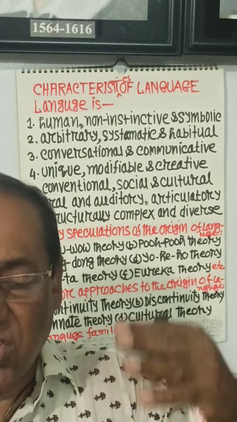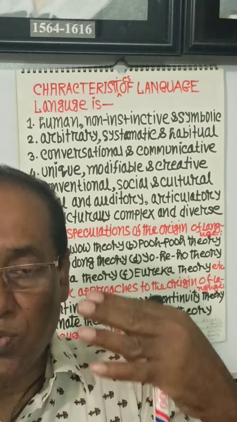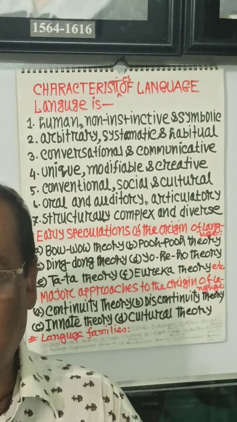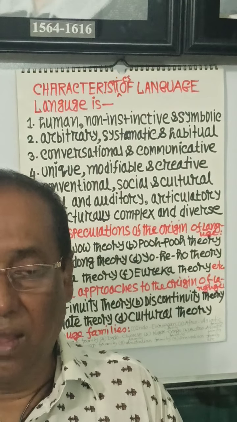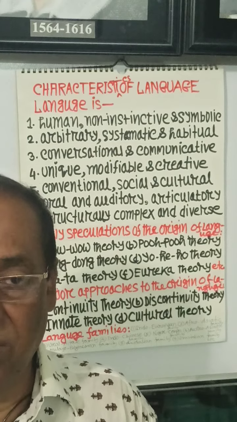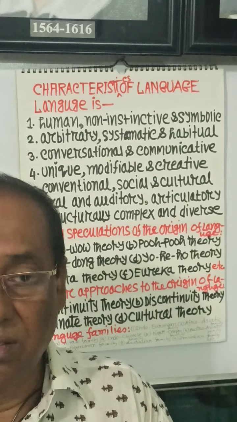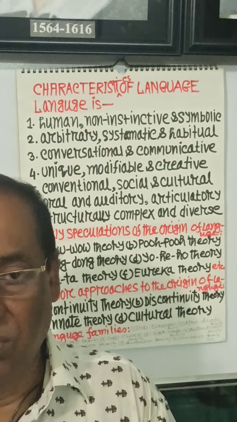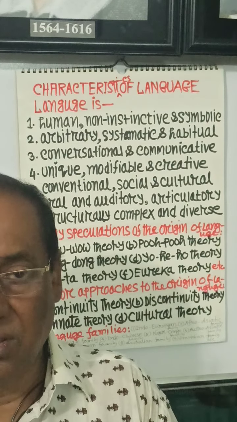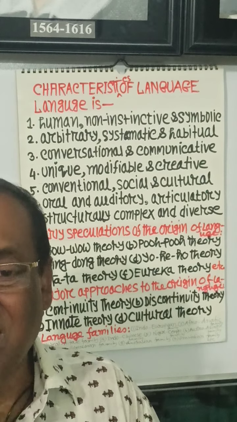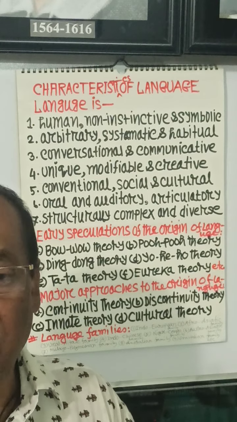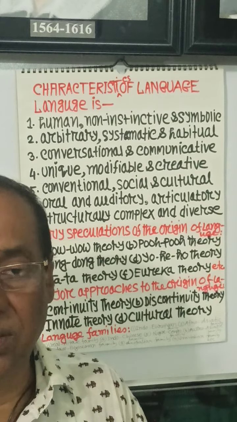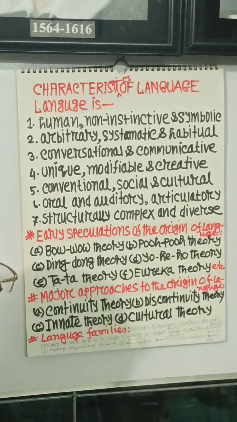Scholars are still exploring, investigating languages and their origin, their process of evolution. But still now, the scholars have not come to a single opinion or decision about this topic. Right?